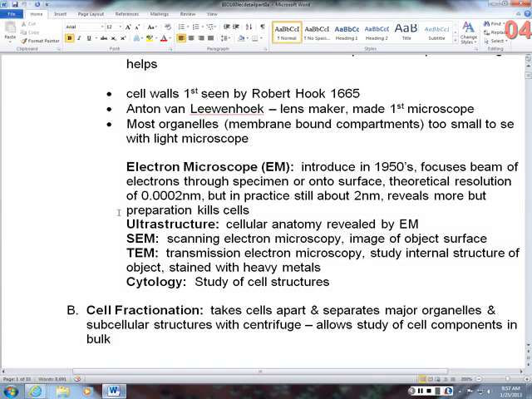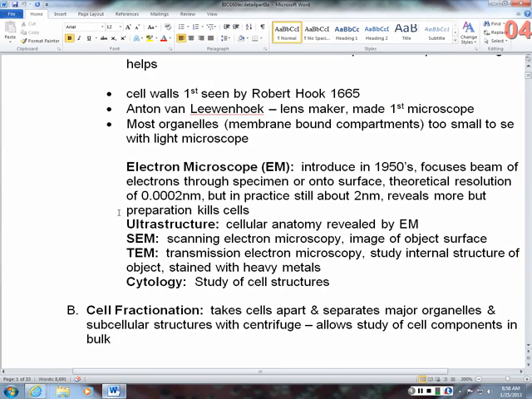It's going to reveal more, but it takes a lot more preparation to make these. It's going to kill the cells. They have to be prepared in a vacuum so that there's no light to distort things. They also use really toxic heavy metal dyes on electron microscopes. And the electron microscopes are extremely expensive.